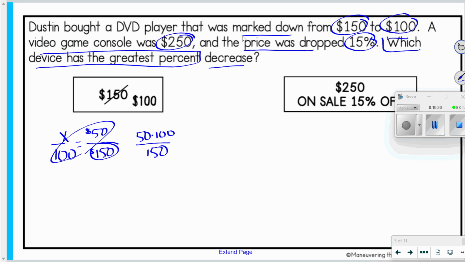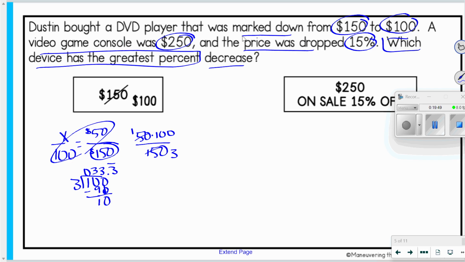The 50 and the 150, I can divide both those by 50, makes that a 1 and a 3. So really all I'm doing is 100 divided by 3. 3 goes into 10 3 times, gives me a 9. Uh-oh, what do we see? Repeating decimal, right? So 33.3.